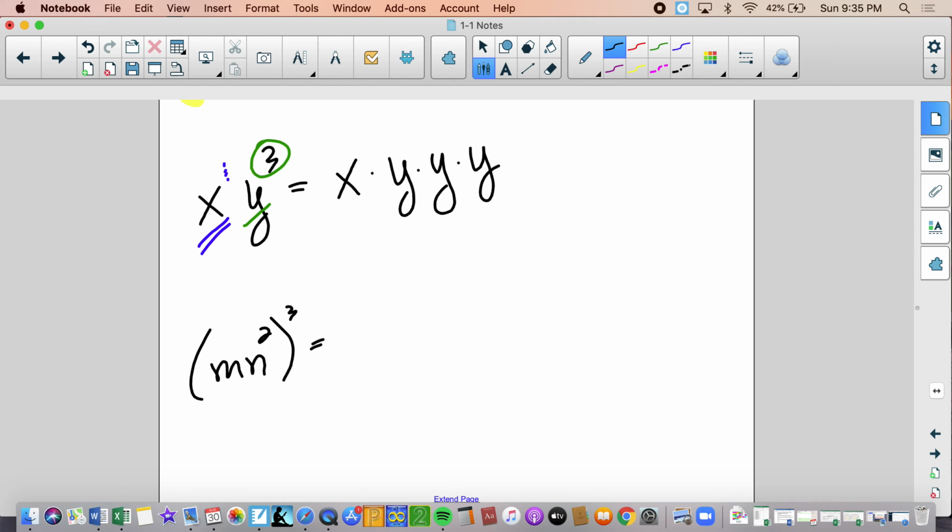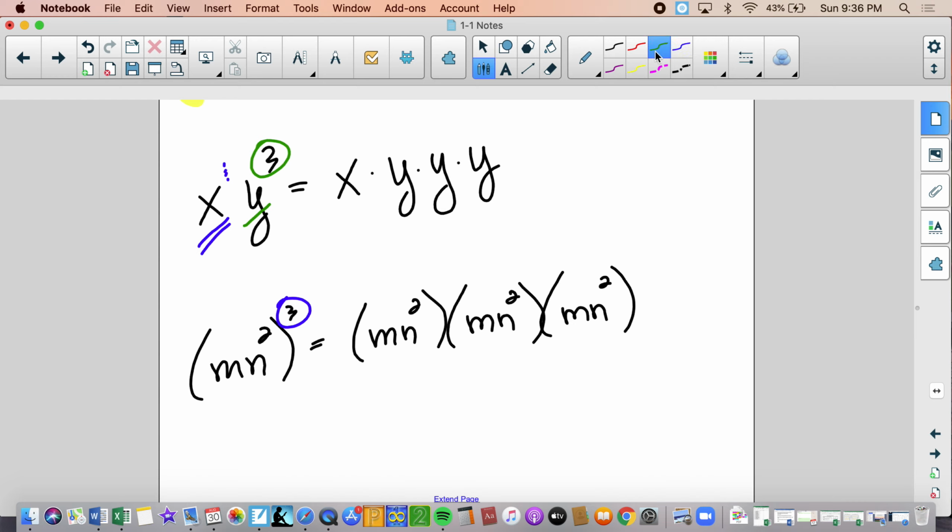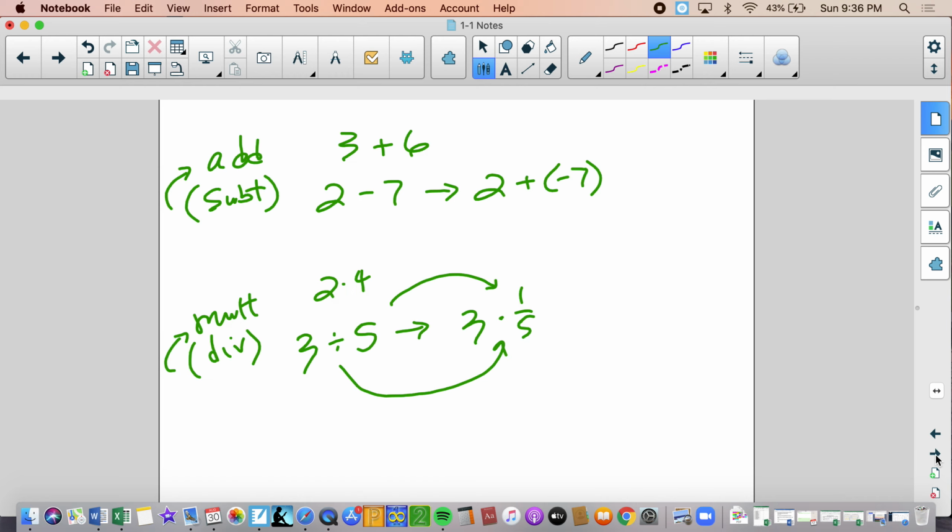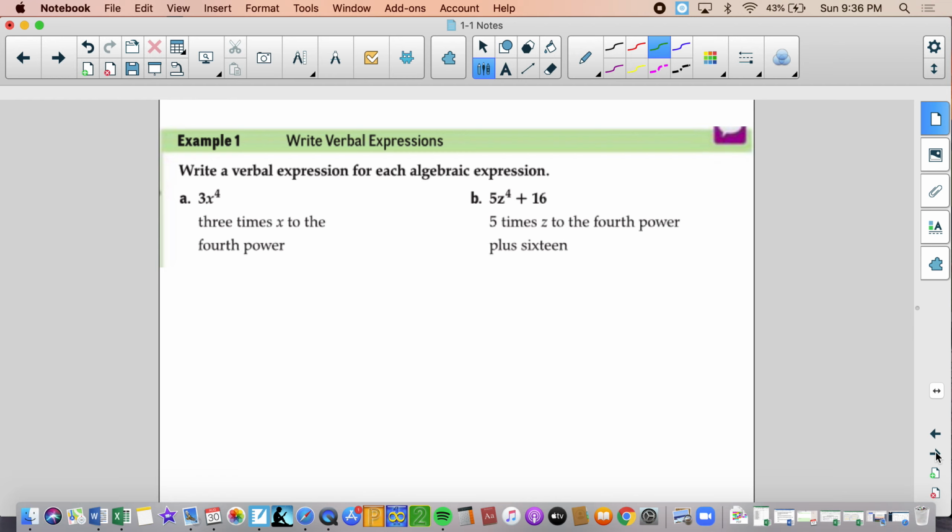Notice the base of this exponent, there's the exponent, and the base is going to be this. So we have that base 3 times. Let's not worry about what that simplifies to. We will get into the specifics of what that simplifies to down the road.